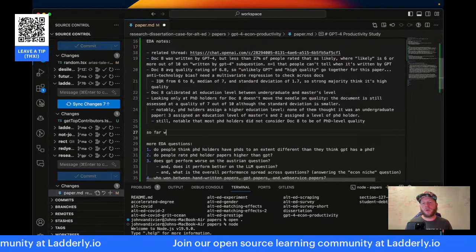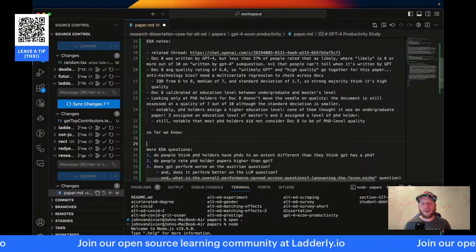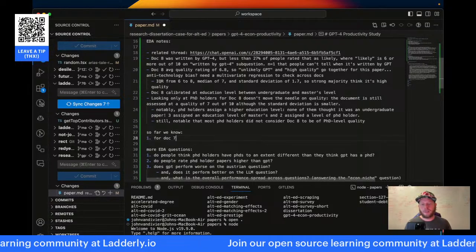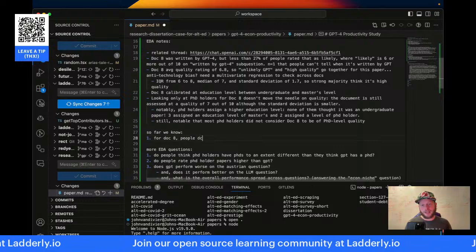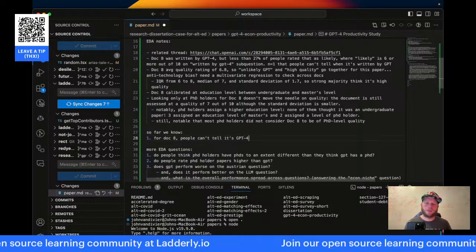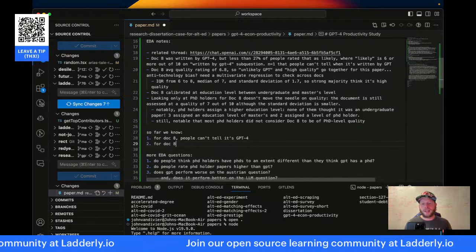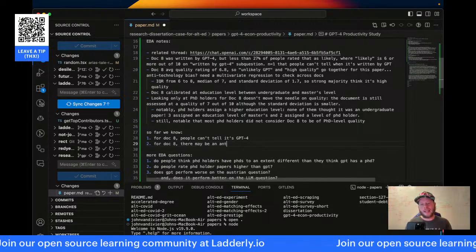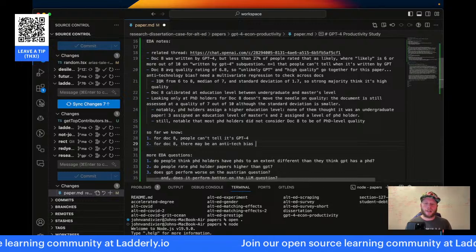So far, we know, for Doc 8, people can't tell it's GPT-4. For Doc 8, there may be an anti-tech bias demonstrated.